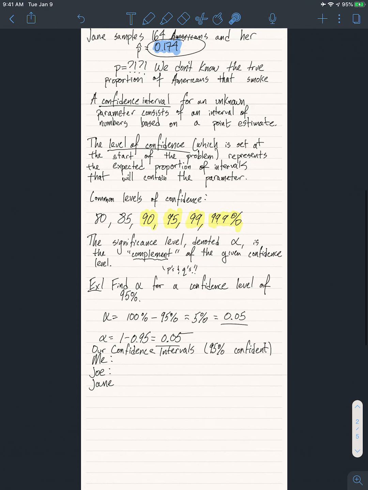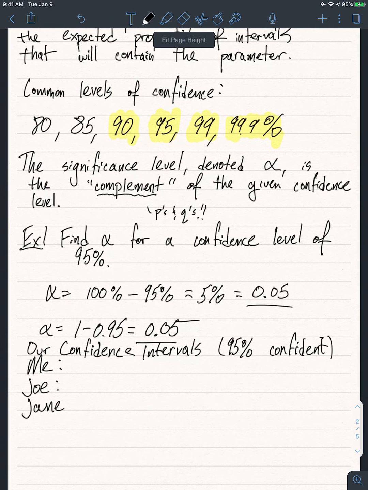And let's say my confidence interval, back to taking notes. Since my point estimate was 14%, maybe my confidence interval is between 12% and 16% smoke.